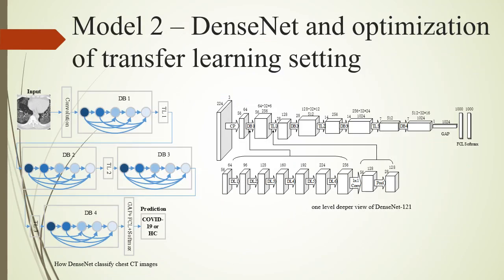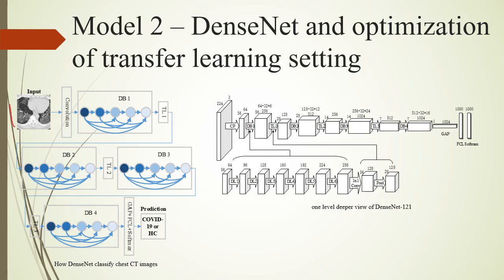We have a fourth improvement based on transfer learning. Here we choose DenseNet as the backbone model, and we used a new method called optimization of transfer learning settings. On the left-hand side, you can see how DenseNet will classify the chest images.